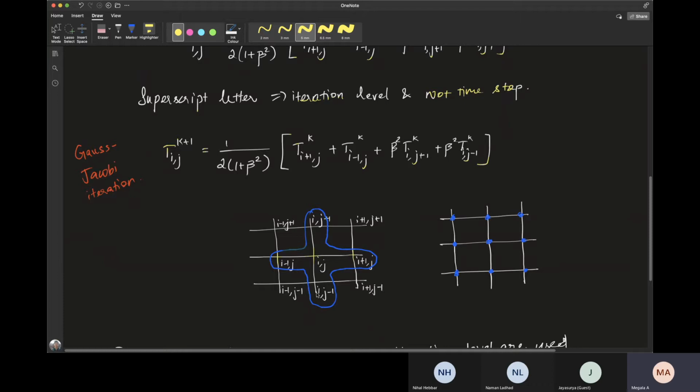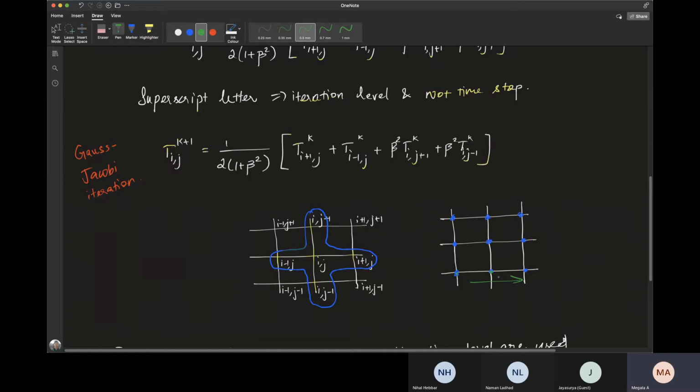These 4 points are used in finding the value of the variable at the point ij. And now we are going to do this at all points. Suppose we first find the value of Tij at this point and then at this point and so on.